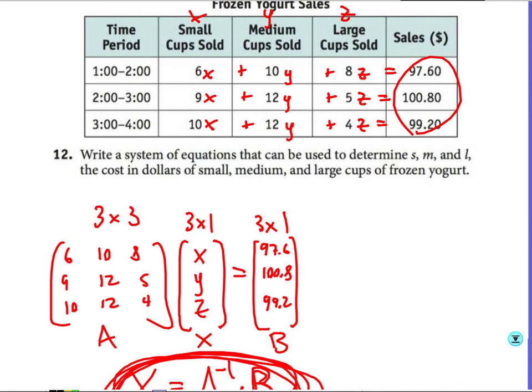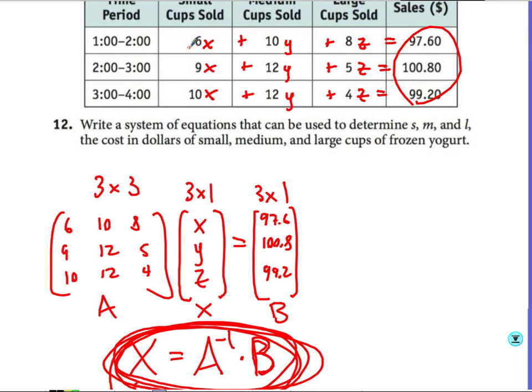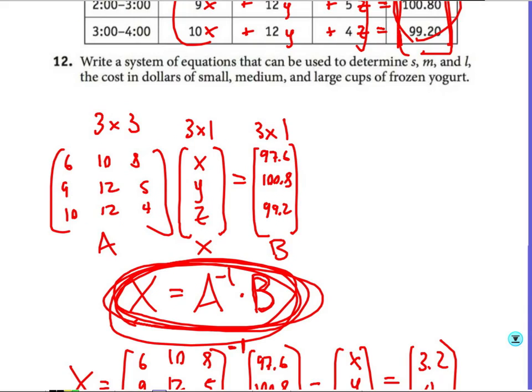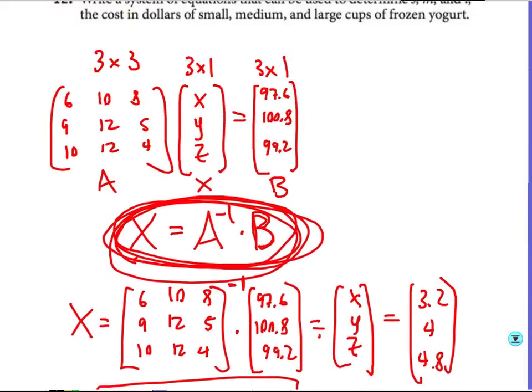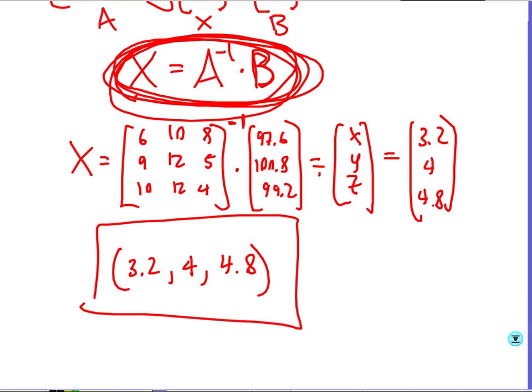So if you can immediately, looking at a system, identify what matrix A is going to be, which is basically these, and then put the inverse on there and multiply it by matrix B, which are the constants, you can easily use your calculator instead of using substitution and elimination to solve for your variables.